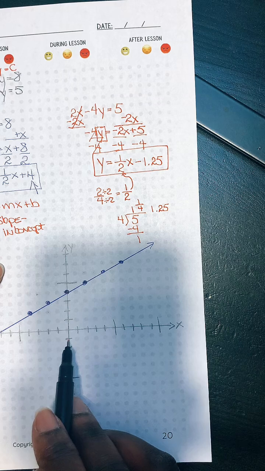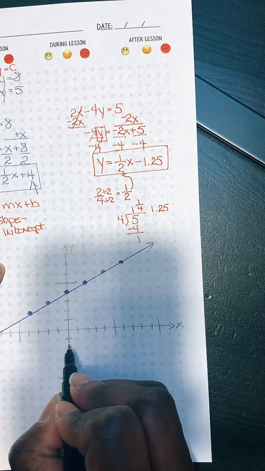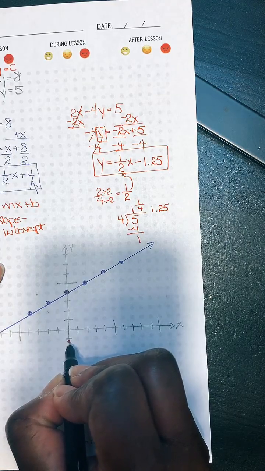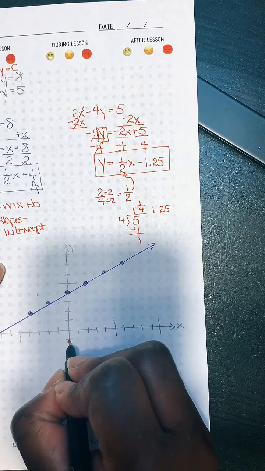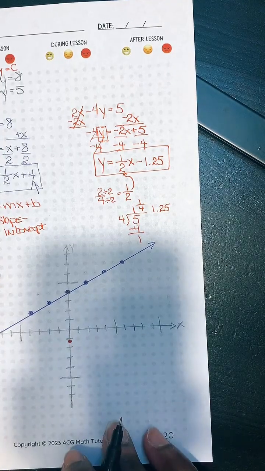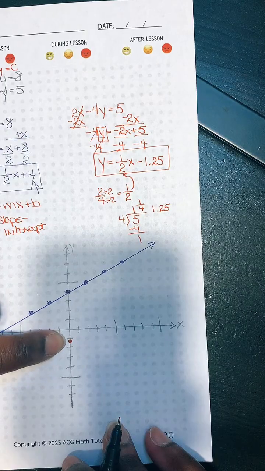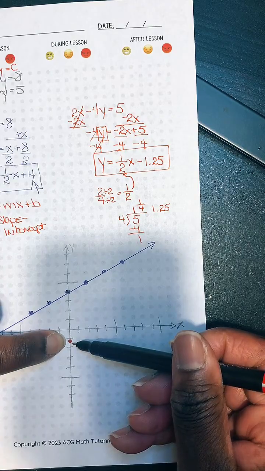Negative 1.25 is not going to be halfway because that'll be negative 1.5. So, it's about a quarter of a way. If you make your dots large enough, you could probably get away with it. That's what most people do. So here's negative 1, here's negative 2. Negative 1.25 is just under negative 1.